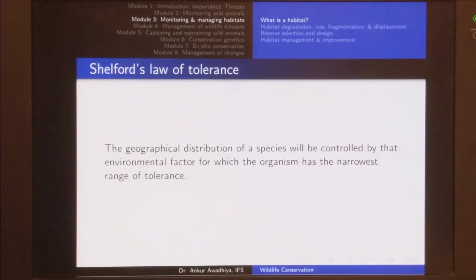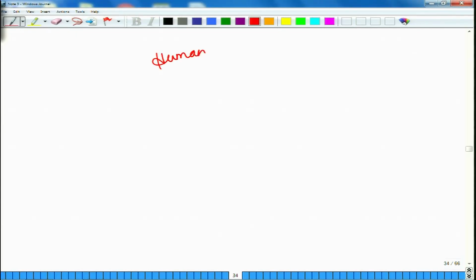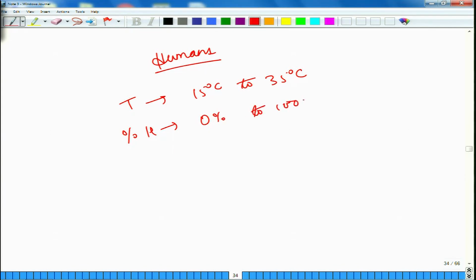So, for instance, if we consider say humans, and we have a temperature tolerance level of say 15 degrees Celsius to say 35 degrees Celsius, and then we have percent humidity which goes from say 0% to 100%, and let us consider one other factor, say it is the availability of sunlight.